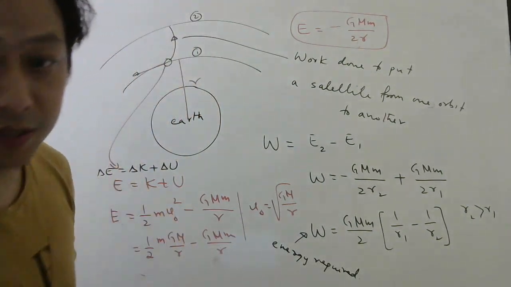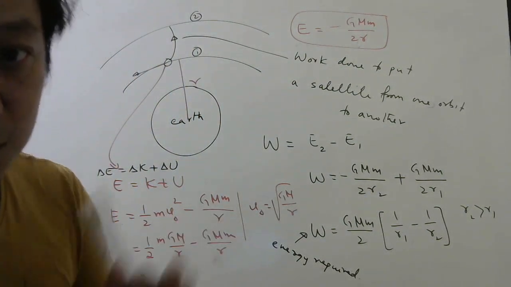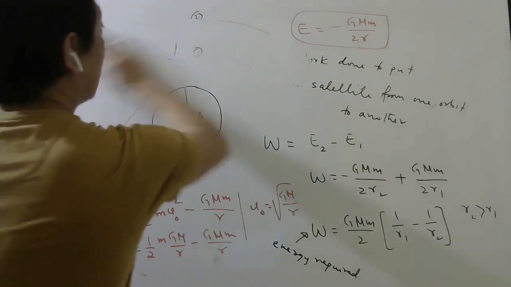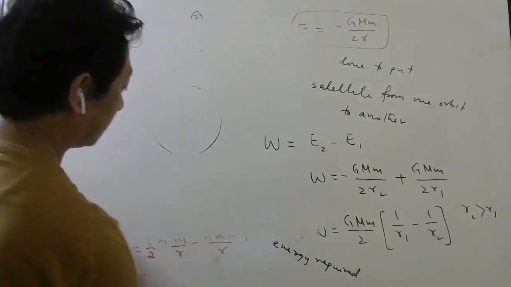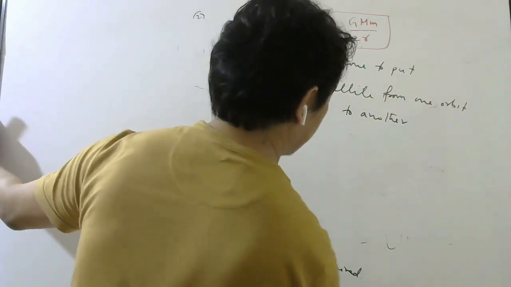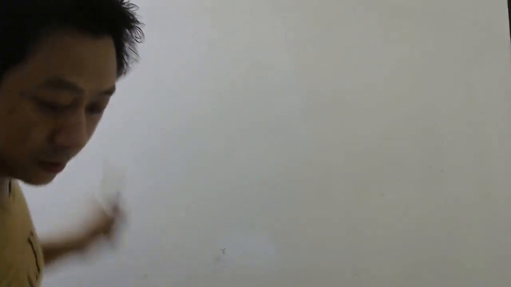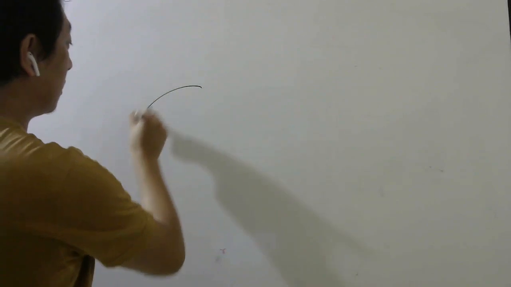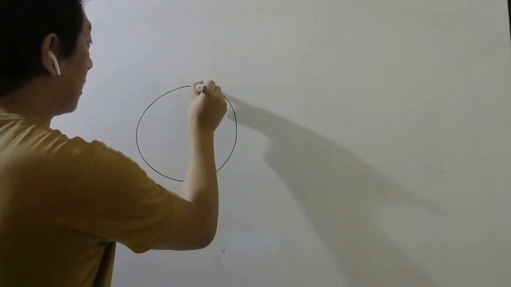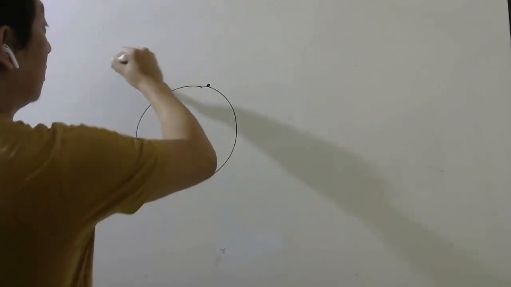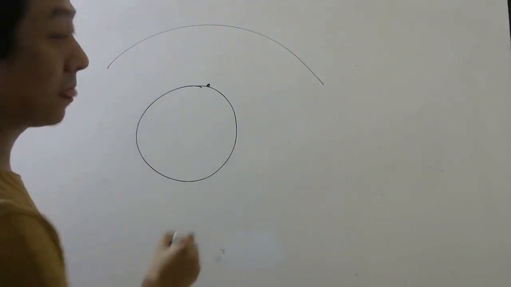Now, a similar question came in JEE, but with a small twist. They took the body, they started the satellite from the surface of the Earth to some orbit.